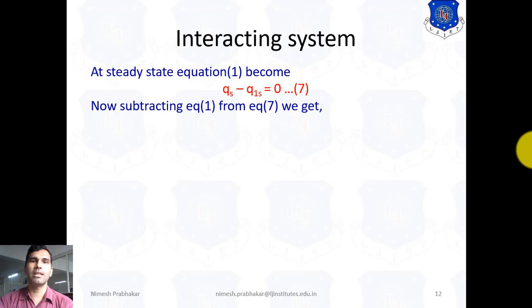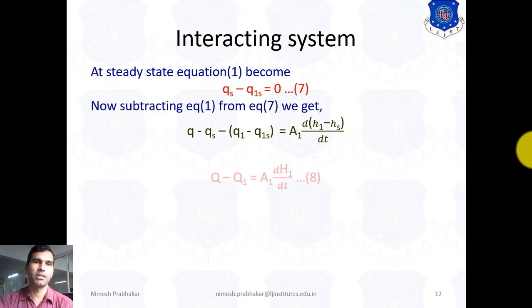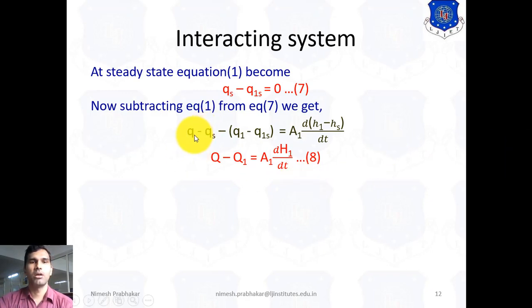Now subtracting equation number 1 from equation number 7, we get Q minus Qs is equal to Q1 minus Q1s is equal to A1 d(H1 minus Hs) upon dt. So taking the deviation variables, we define Q minus Q1 is equal to A1 dH1 upon dt.